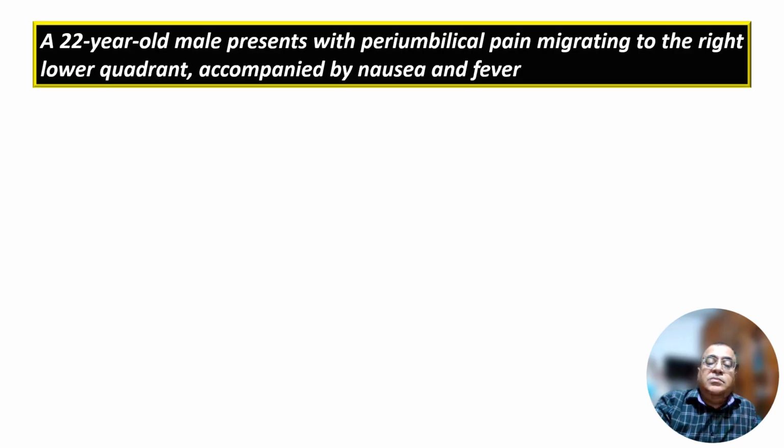Now we will study some clinical examples of the acute inflammation. A 22-year-old male presents with periumbilical pain migrating to the right lower quadrant accompanied by nausea and fever.